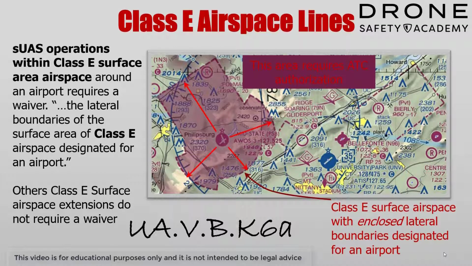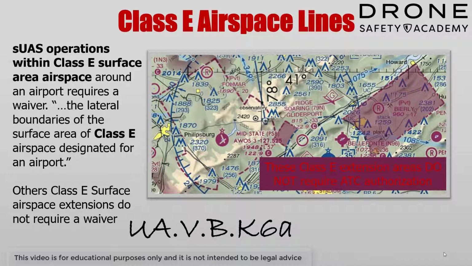This is something that you need to understand. SUAS operations within Class E surface area airspace around an airport requires a waiver. This is identified by the next phrase, which is something you're going to read or hear a lot: the lateral boundaries of the surface area of Class E airspace designated for an airport.